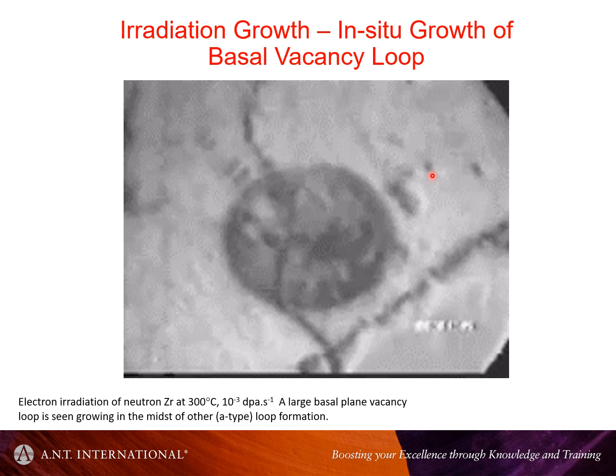This is a loop in a sample I specially prepared, which had been irradiated with neutrons. It's a vacancy loop, and I'd done the analysis, so I knew it was a vacancy loop. And then I put it in the electron microscope and re-irradiated it. And this is what you get.